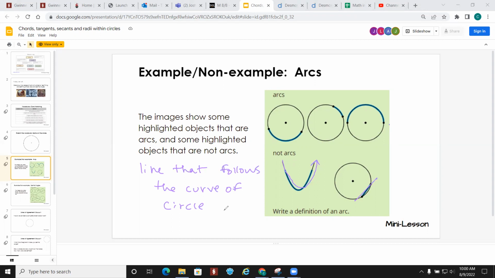Anything else we want to add to that definition? Because this is your definition. But does not cover the entire circle. Yes. Like it doesn't completely enclose, otherwise that would be a circle. Okay.